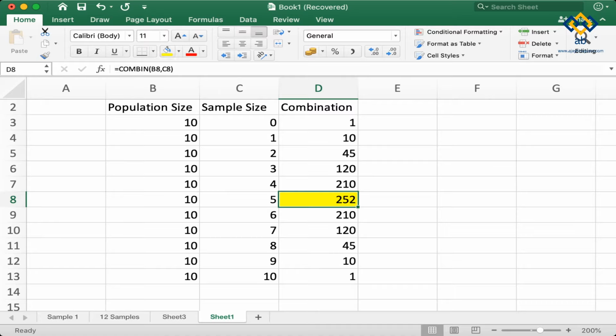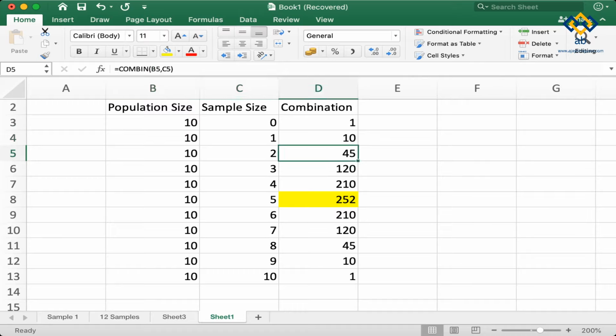Now, there is a lesson in this. Howsoever small or big your population size is, as the sample size increases, the combinations also increase. So even for a population size of 10 and a sample size of 2, the possible combinations are 45.